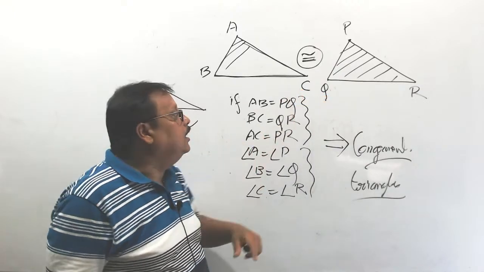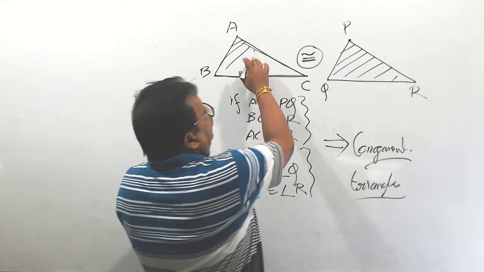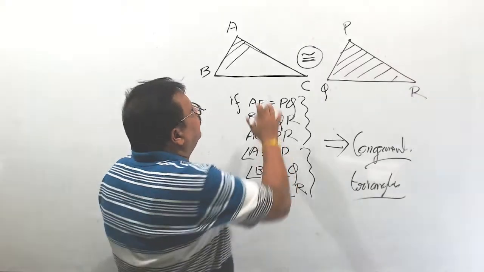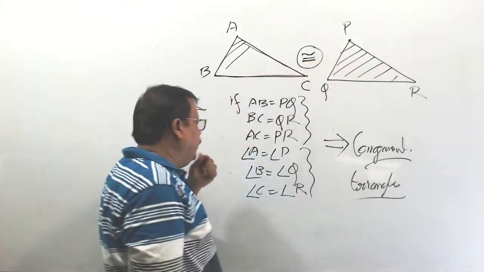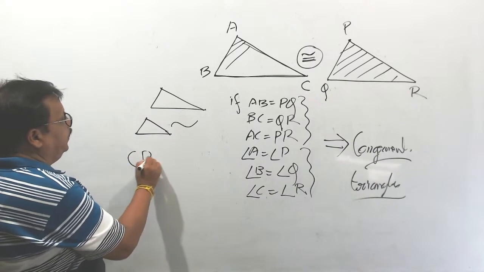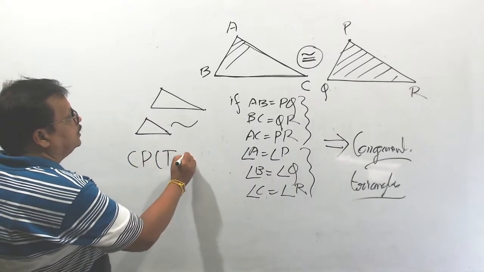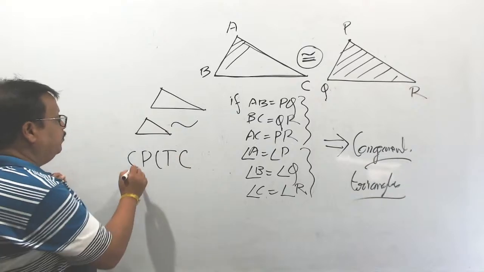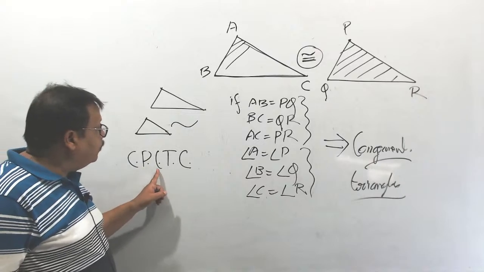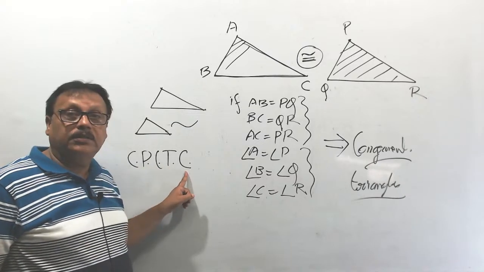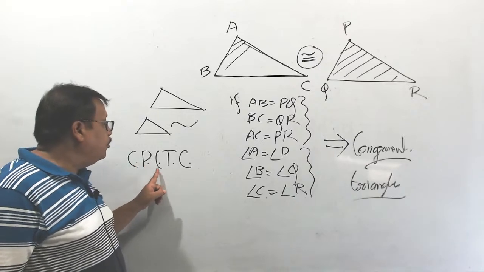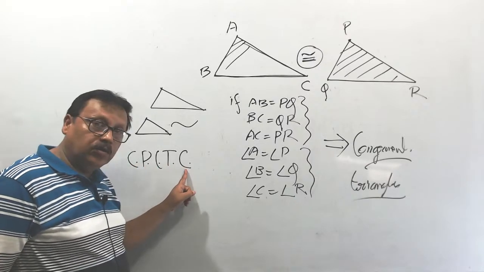Coming to the criteria. But if you can prove these two triangles are congruent, then CPCT or CPCTC, an abbreviation in short form, we can say corresponding parts of congruent triangles are congruent. Just remember, corresponding parts of congruent triangles are congruent.